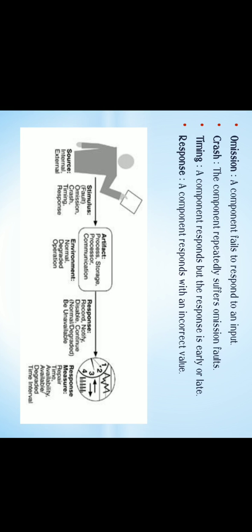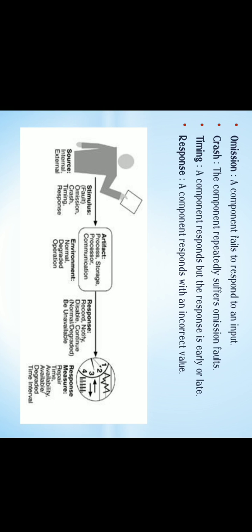Then also the system is not available. This is called the availability scenario. In the availability scenario, the first factor is that the component fails to respond to an input, so it is not available to the user. Next, the component repeatedly suffers omission faults, meaning the same error comes multiple times for a proper input and it does not provide the proper output.